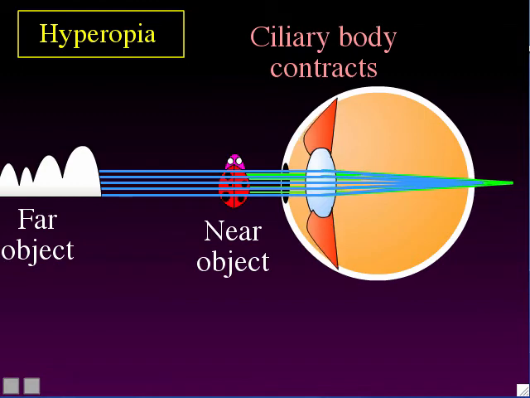And anytime you do that, it brings all the focal points forward. And so they are at least able to get the far objects into focus by bringing those focal points onto the retina. But not the near objects. They can't contract the ciliary body muscles enough to quite get those near objects in focus. So, coming back to the definition of hyperopia, it's where the far objects can be focused, but the near objects can't be brought into focus.